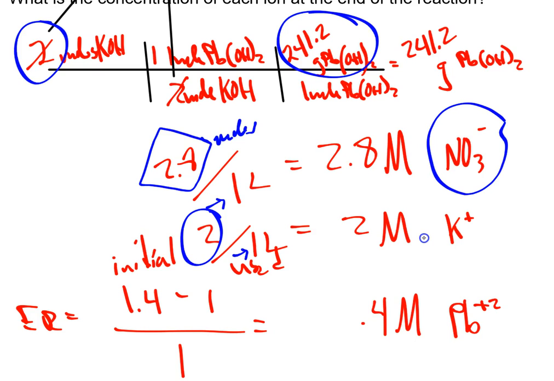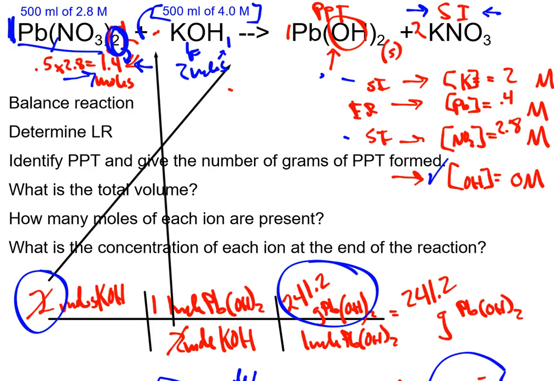Now, the excess reactant is equal to my initial minus my used. The initial was 1.4. That came from this number right here.